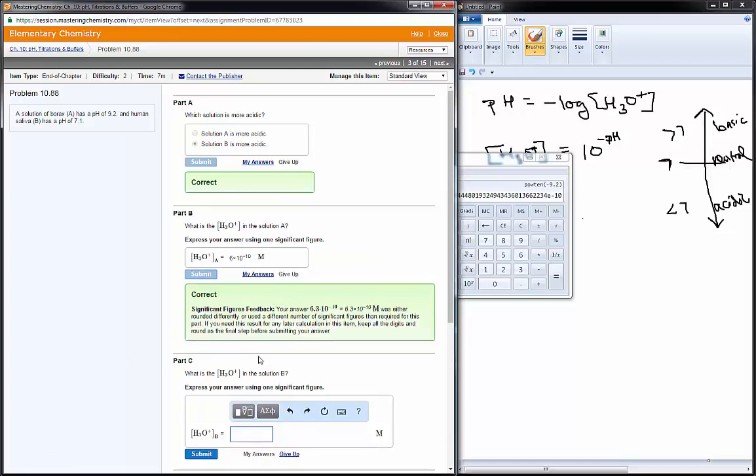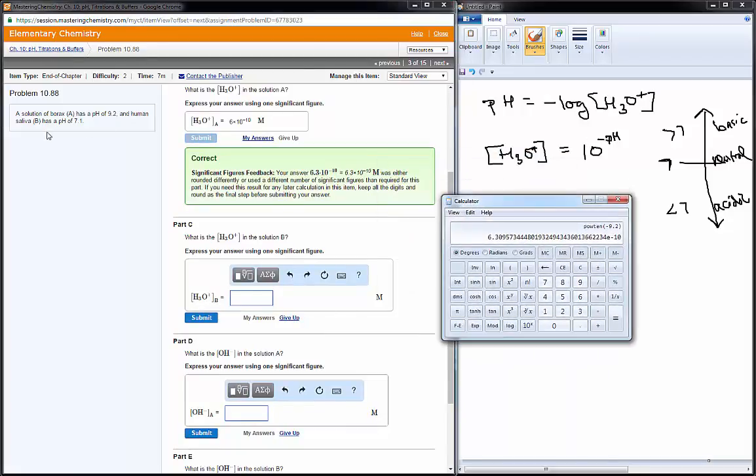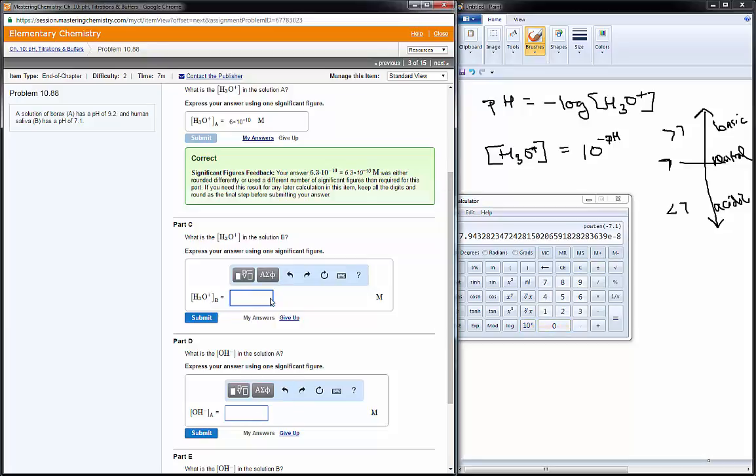Same thing for solution B. H3O plus is 10 raised to the negative pH, or 10 raised to the negative 7.1, which is 7.94 times 10 to the negative 8th.